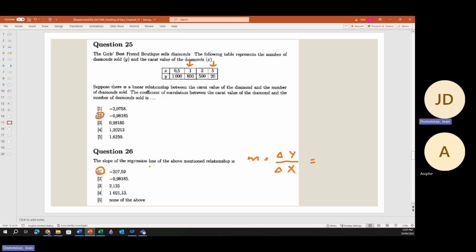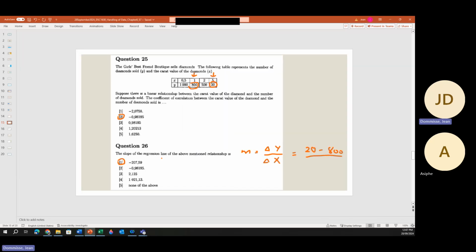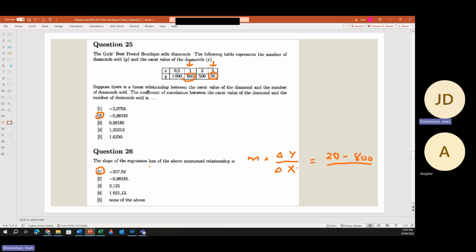So x2 is 20, y2 minus y1. This should be the same if we work it out this way compared to the number that we got from Excel. So let's just see if it actually does that.